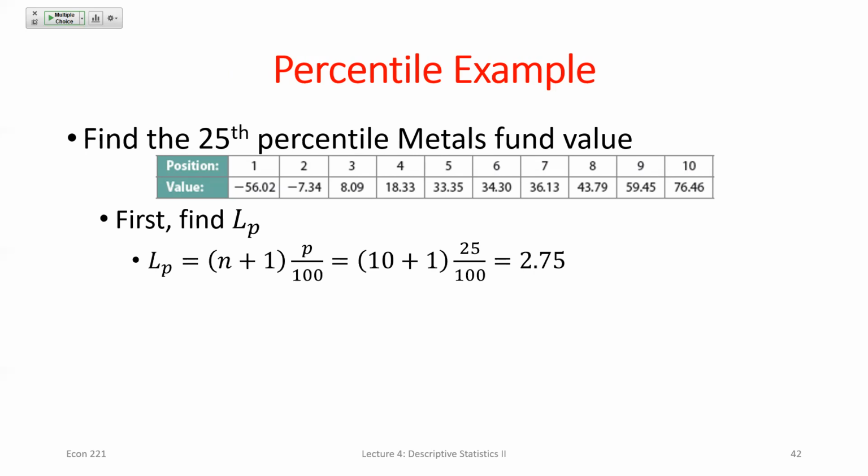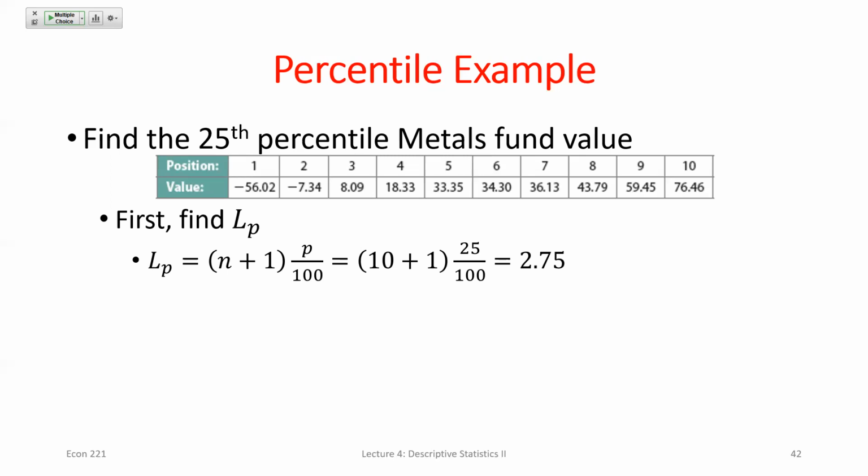So I don't want to simply take the average of those two because this is telling me it's in the 2.75th position, which means that I'm actually a little bit closer to the value in the third position than I am to the value in the second. So what I'll do is look at whatever decimal is associated with it. So here, 0.75.